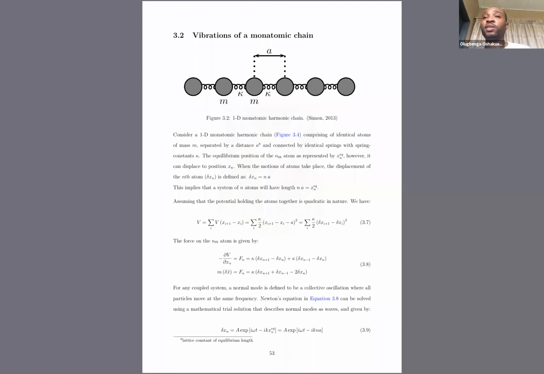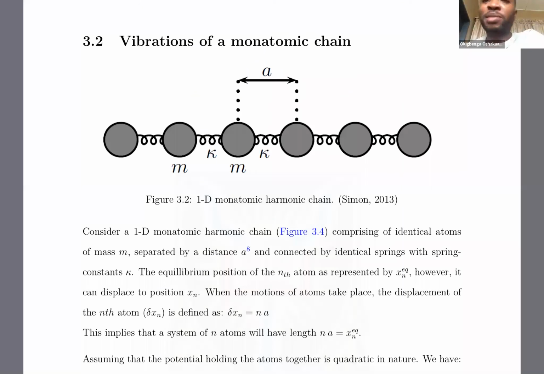So let's talk about vibrations in a monatomic chain. When we are talking about a monatomic chain, we are talking about some particles, or you can call them masses. They are, for simplicity, identical. In fact, because they are identical, that is why they are a monatomic chain. If the atoms are not identical, we will say diatomic chain.